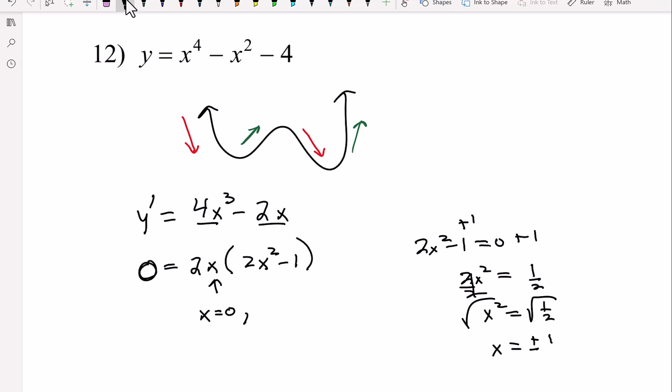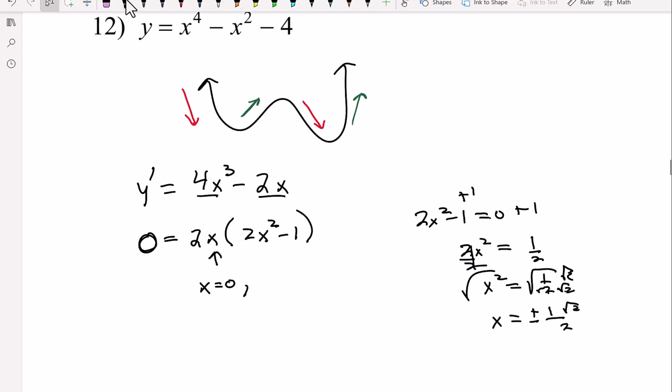The square root of 1 is 1. Ooh, we can't leave the square root of 2 on the bottom, so we're going to have to multiply top and bottom. So square root of 2 times the square root of 2 is 2. So x is equal to both negative root 2 over 2 and positive root 2 over 2. And just plug those into the calculator, but those will be our interval endpoints.